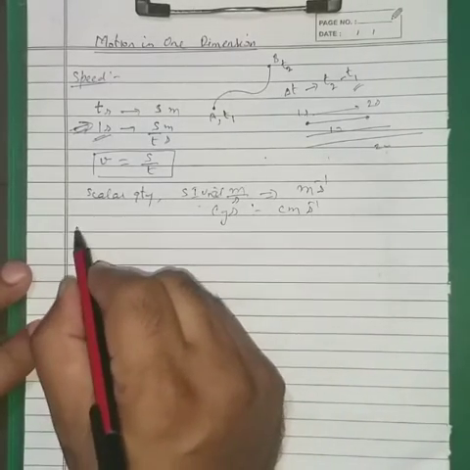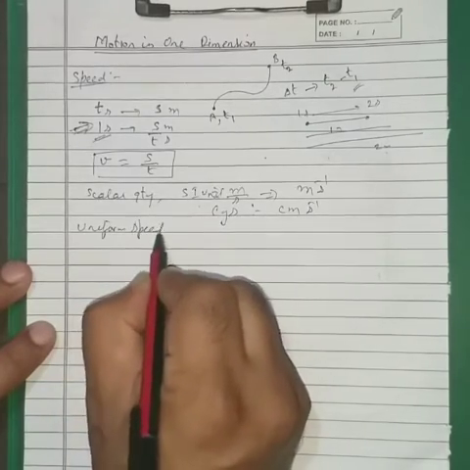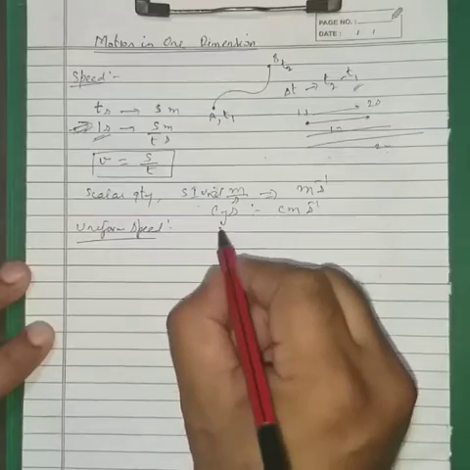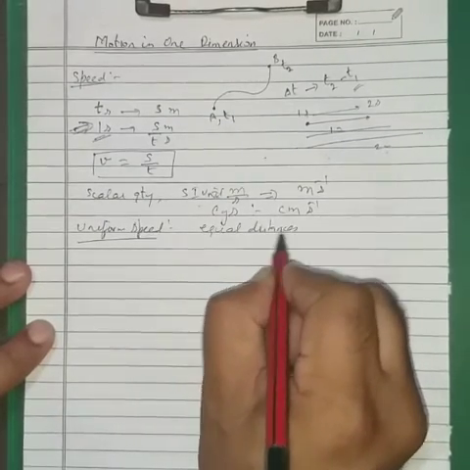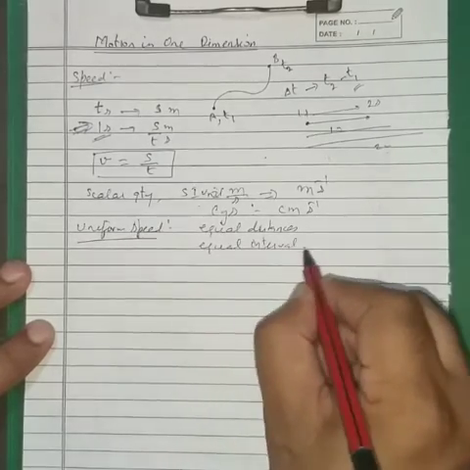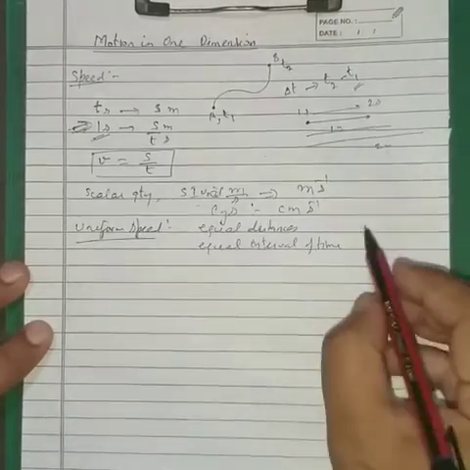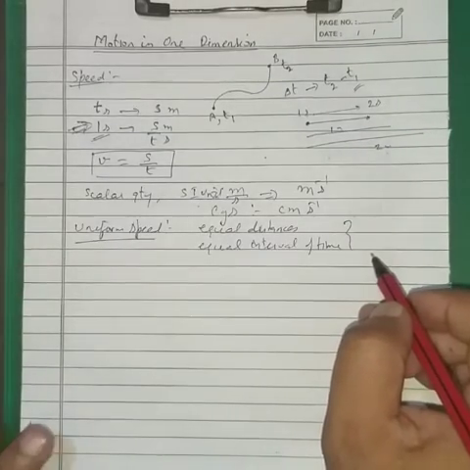Another term is uniform speed. If some body covers equal distances in equal intervals of time, then we will say that the body is moving with uniform speed.